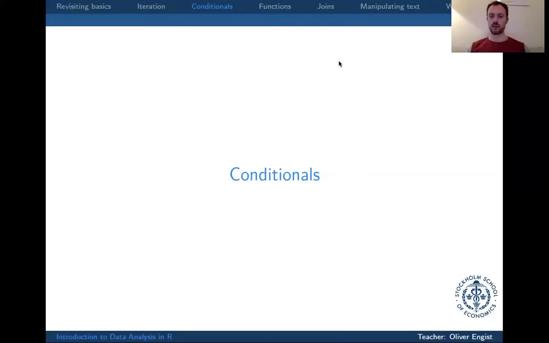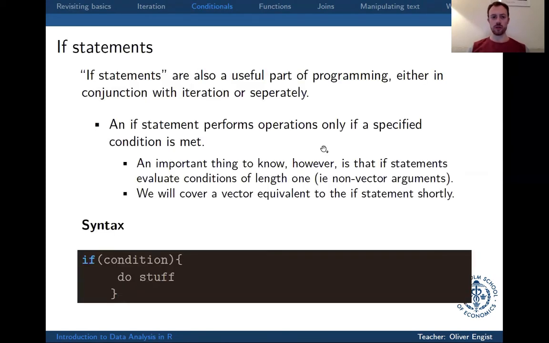So oftentimes when we're writing code, we would like to execute parts of our code only if certain conditions are met. So for example, we would like to turn a variable into a numeric variable only if this variable actually has a quantitative interpretation. So this is where if statements come in very handy. An if statement allows you to execute a piece of code depending on a condition that you specify.